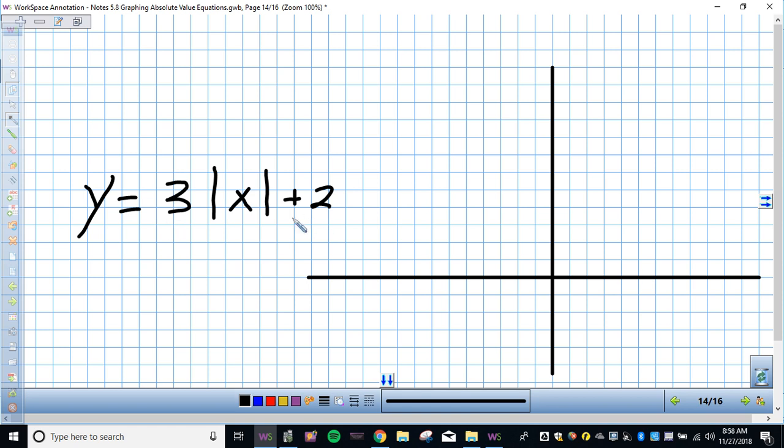So this plus 2 makes the parent function move up 2. We've already learned that. The only thing that's different with this slope is you just think about it like a regular slope, 3 over 1. So instead of graphing where we go up 1, right 1, we're going to go up 1, 2, 3, right 1, up 1, 2, 3, right 1, and same thing on this side, right?